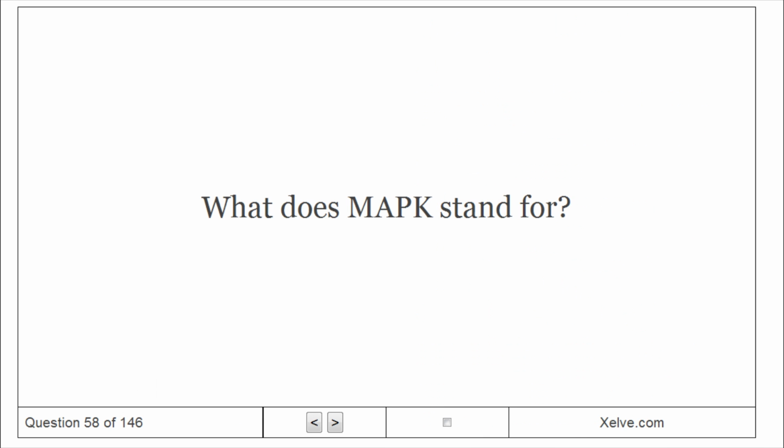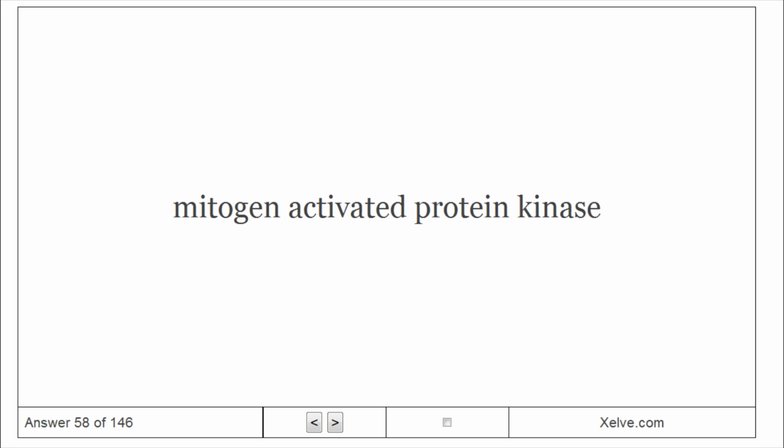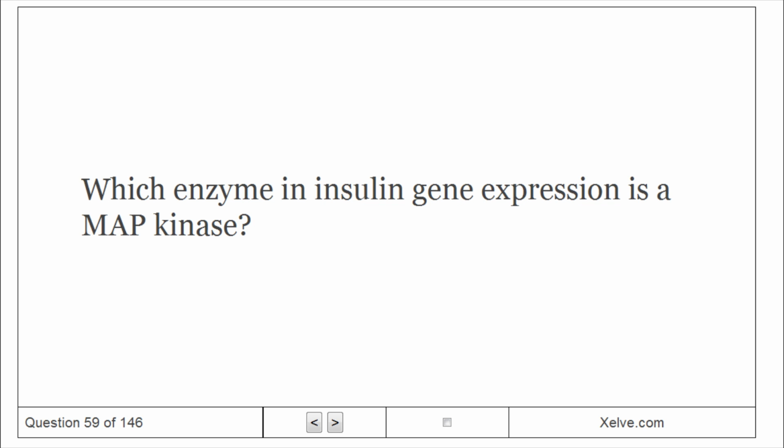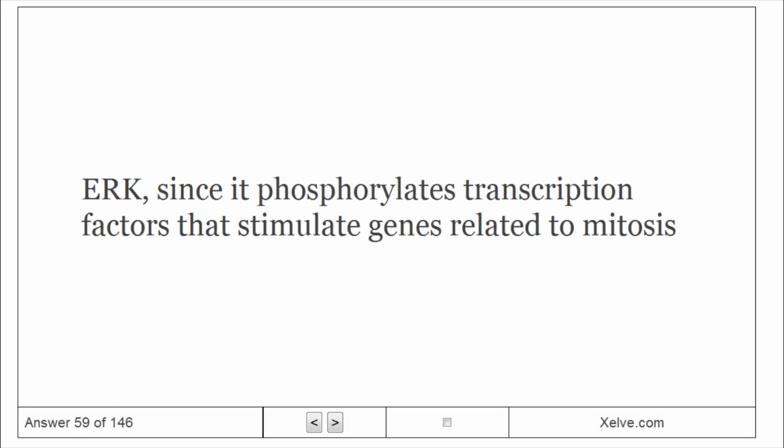What does MAPK stand for? Mitogen-activated protein kinase. Which enzyme in insulin gene expression is a MAP kinase? ERK, since it phosphorylates transcription factors that stimulate genes related to mitosis.